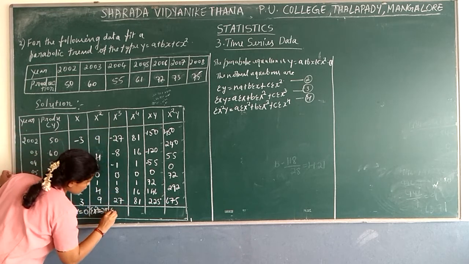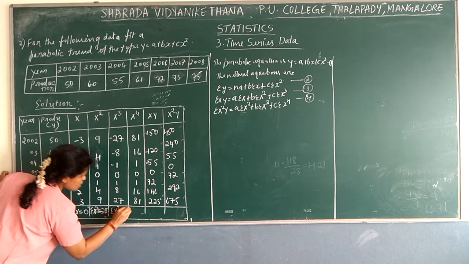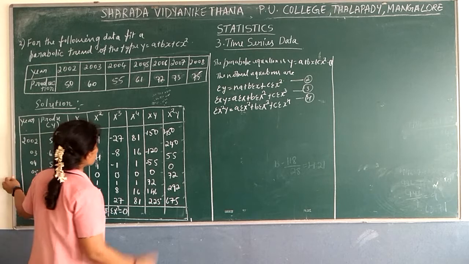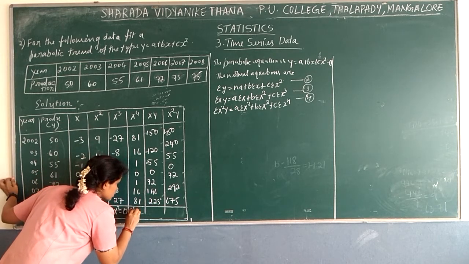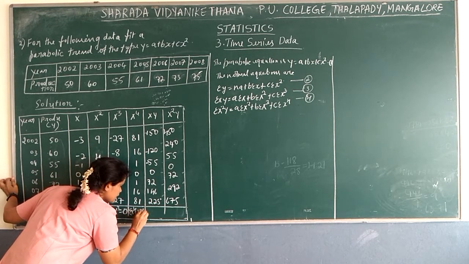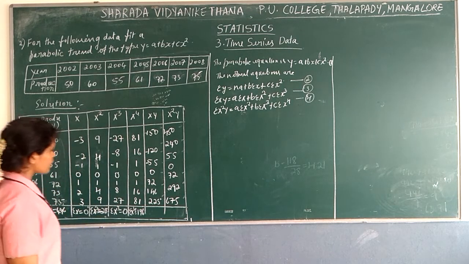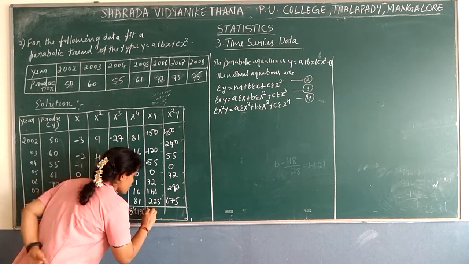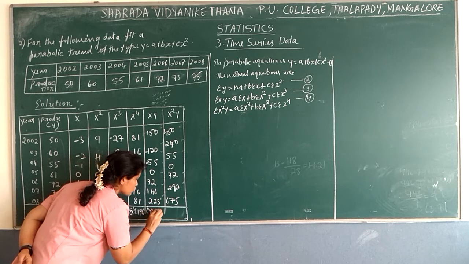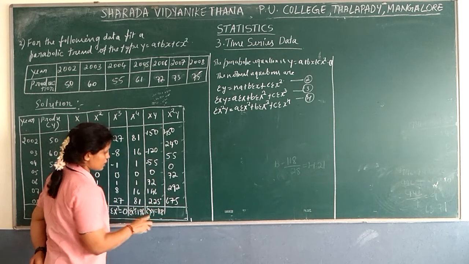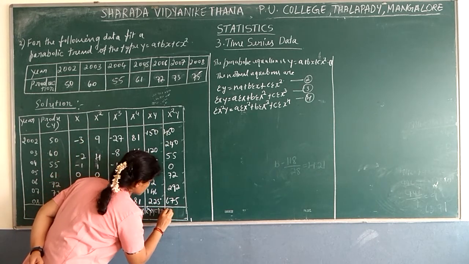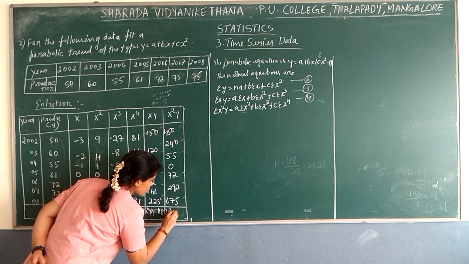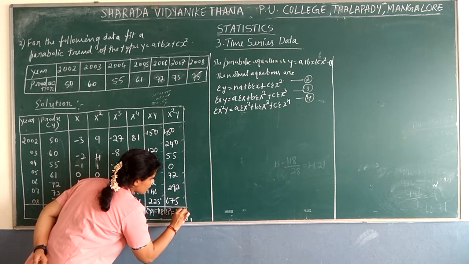Sigma x cube once again we get as 0, and sigma x to the power 4 is 196, and sigma xy is equal to 180, and the last column, sigma x square y, we get 1784.